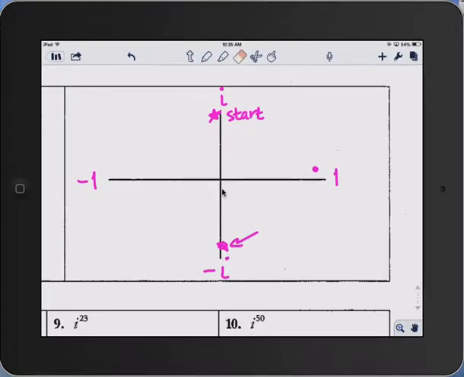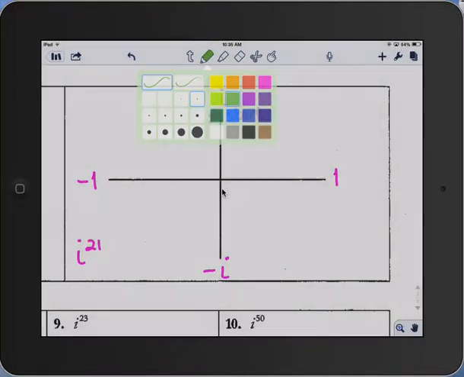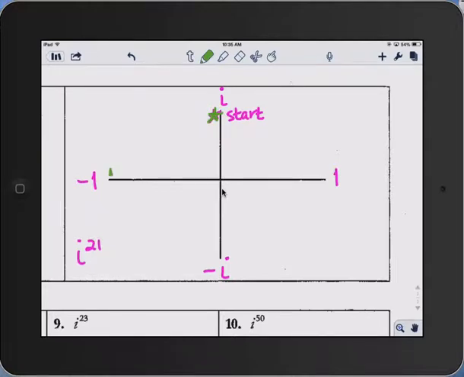So let's say you had i to the 21st. Okay, so you would start again at i to the first, second, third, fourth, fifth, 6th, 7th, 8th, 9th, 10th, 11th, 12th, and notice that every time you end up in a multiple of 4, you're over here. i to the 4th, i to the 8th, i to the 12th, all ended up over here.